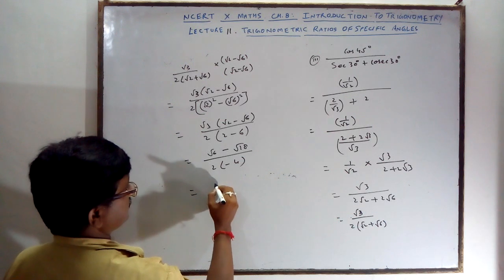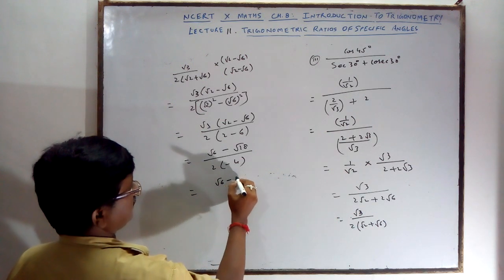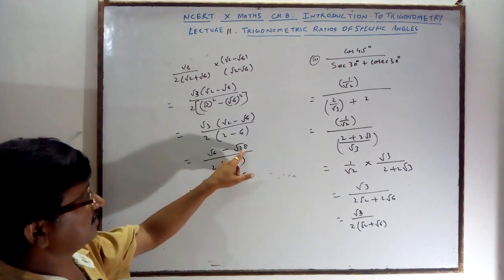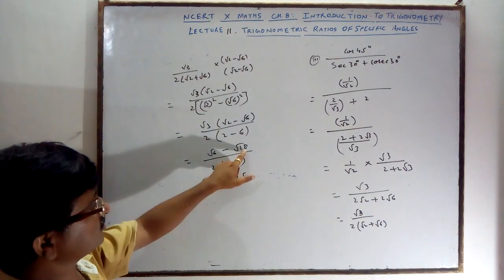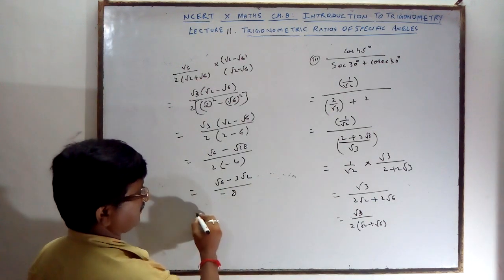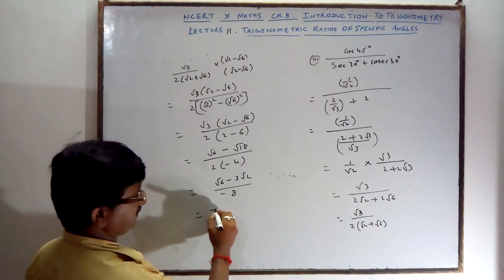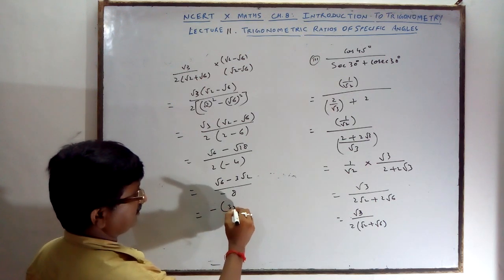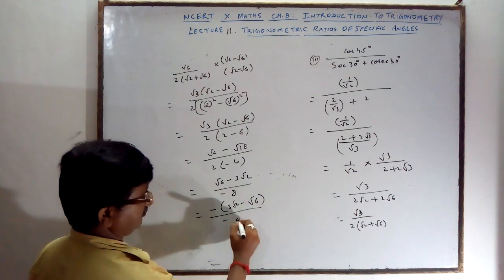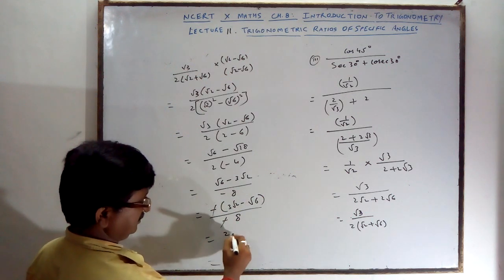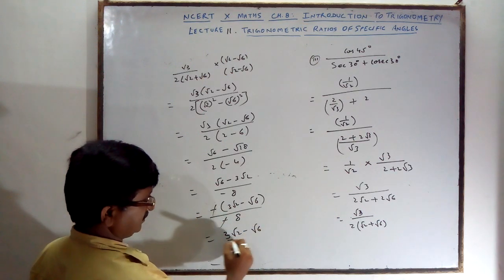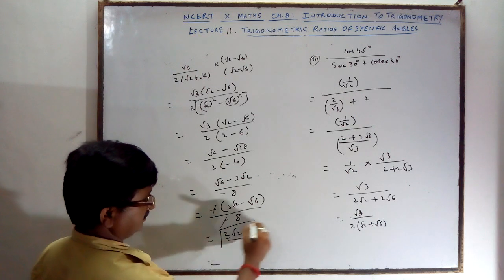So your answer is root 6 minus root 18, and root 18 is 3 root 2, square root of 9 is 3. 3 root 2 upon minus 8. So minus you take in the numerator, so it will be 3 root 2 minus root 6 upon minus 8, and both the minus cancel. Your final answer is 3 root 2 minus root 6 upon 8.